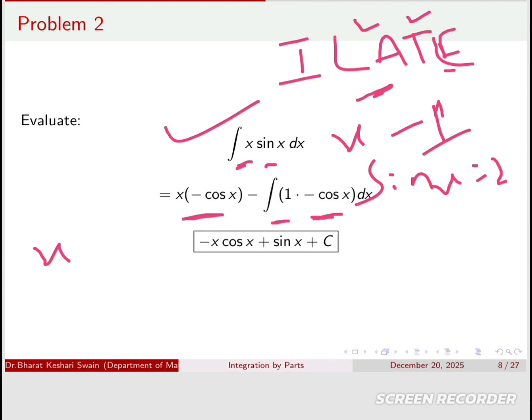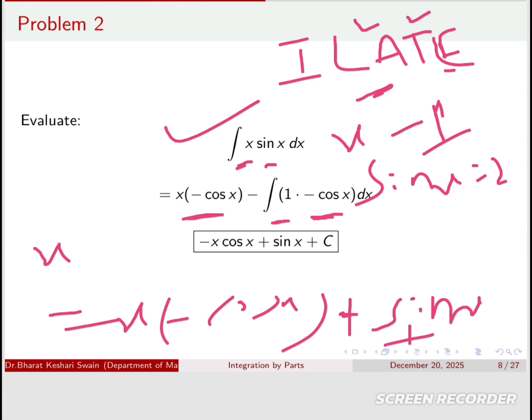So that will be x into minus cos x, then minus, and here is also minus, so minus minus plus. So again integration of cos x means sin x plus c. So this is the result.